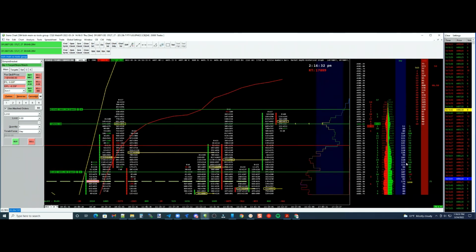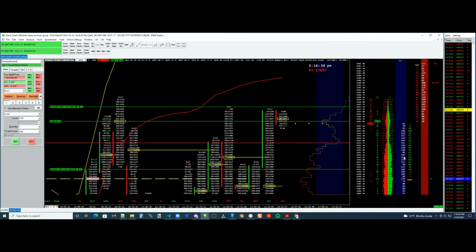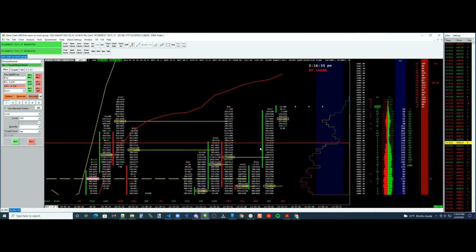It's really interesting to see what happens in real time. If they start pulling the bids, watch for the buying to dry up. Right now they're hitting the bid, they're lifting the offer with size. But if they can't get this thing to go higher, they will pull the bids. You will see the buying dry up. They'll stack the offer and you will see them step in and start hitting the bid.